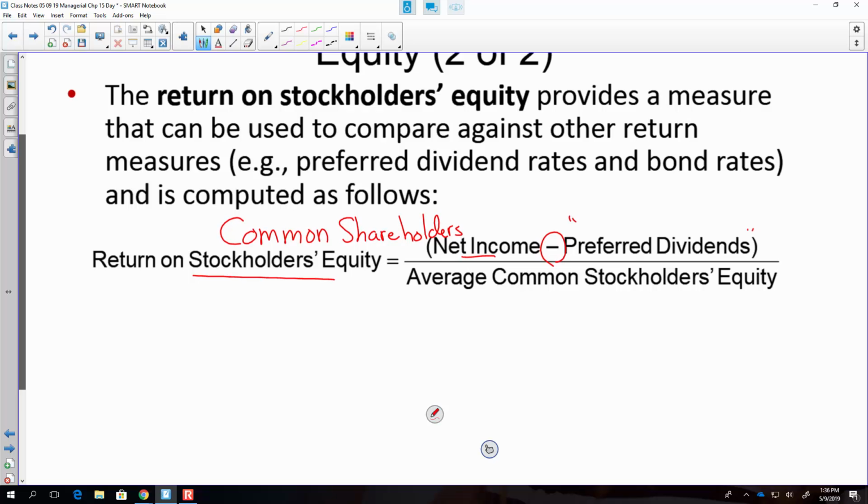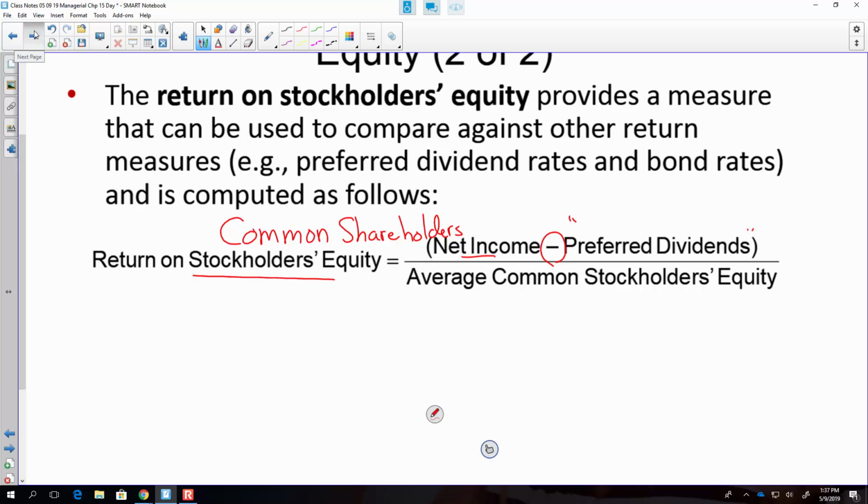Remember, preferred dividend shareholders get preference. They are the first ones paid out of that income. So that's why we take it out of the net income, because as common shareholders, we don't get anything until the preferred is first paid. Once we have that subtraction done, we then divide by the common stockholder equity amount.